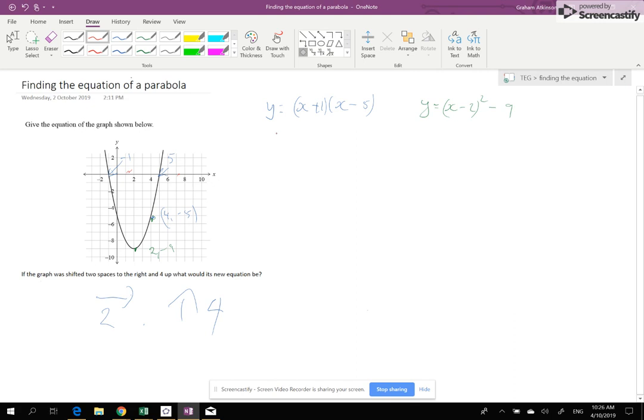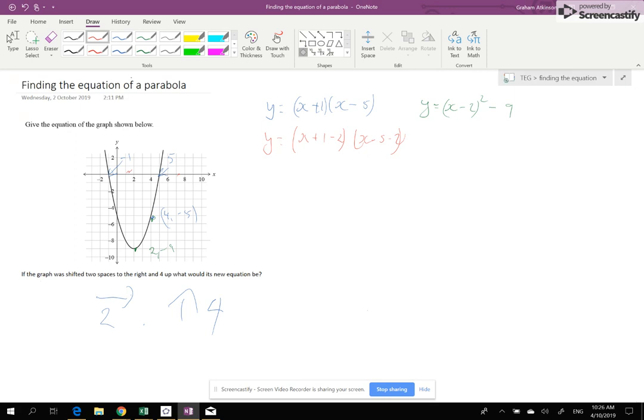So I could go y equals x plus 1, and then because I'm moving to the right, minus 2, and x minus 5 minus 2, and that would be if I just moved it 2 spaces to the right.